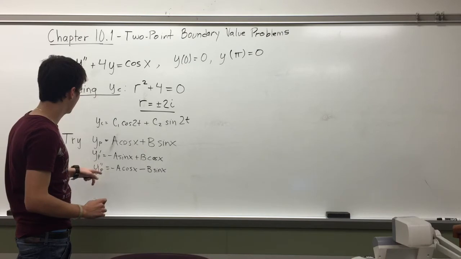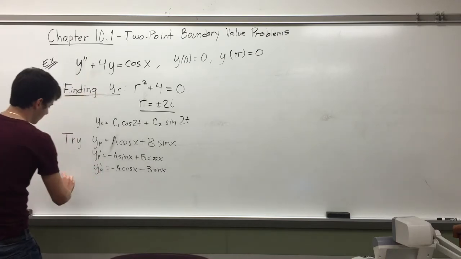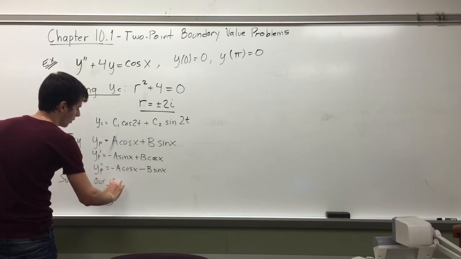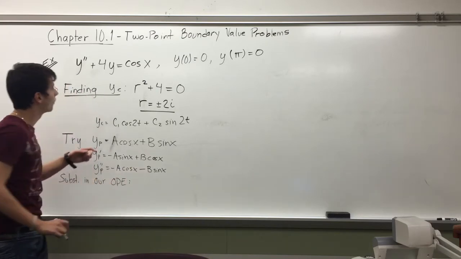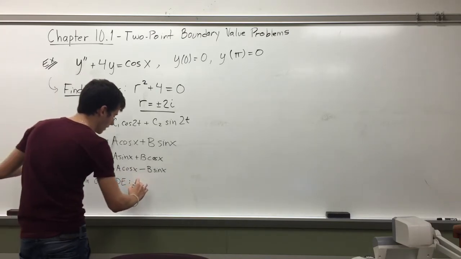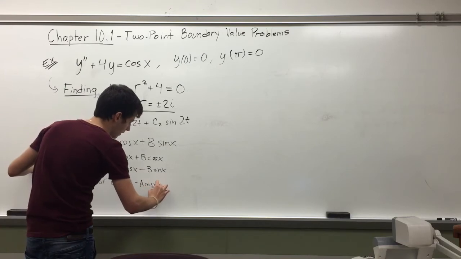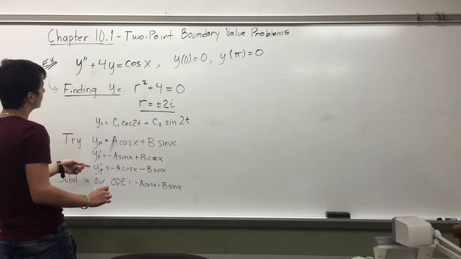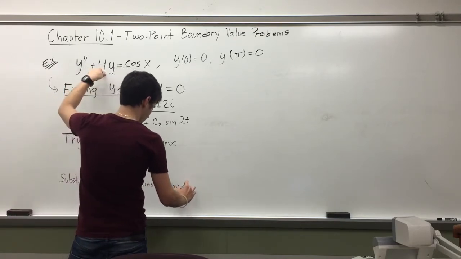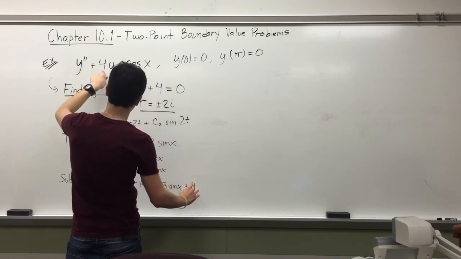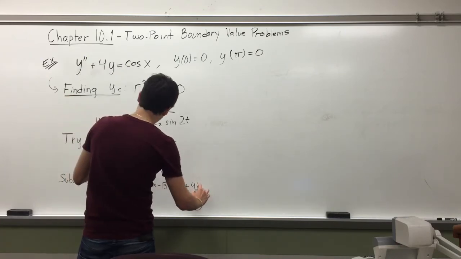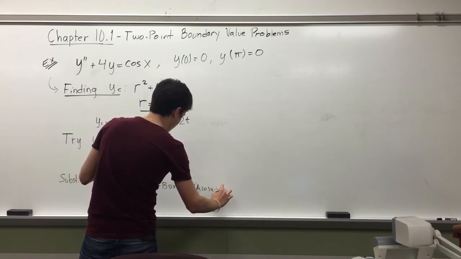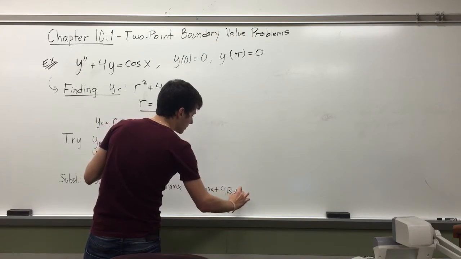And if we plug it into our ODE, substituting in our ODE, we are going to get negative a cosine of x minus b sine of x plus 4 times a cosine of x plus 4b sine of x.